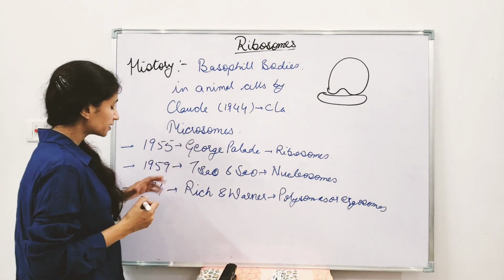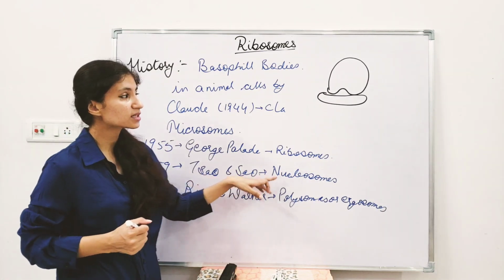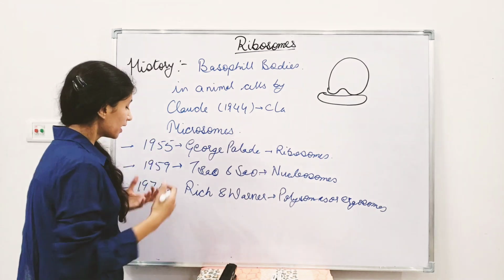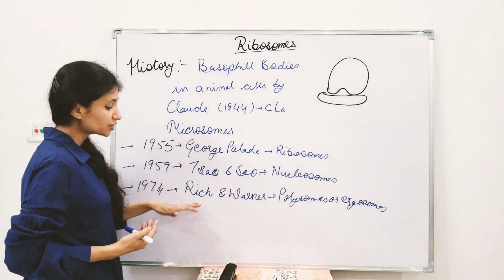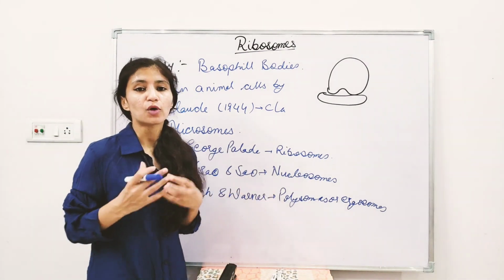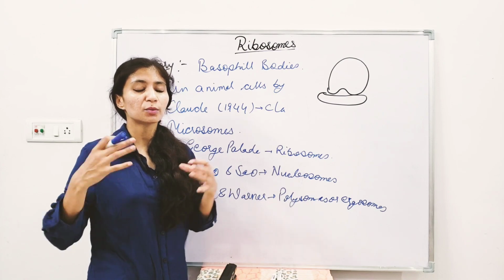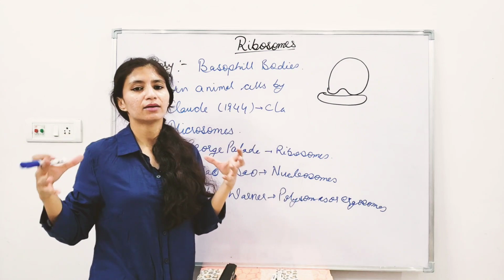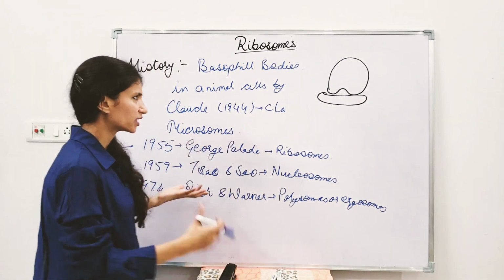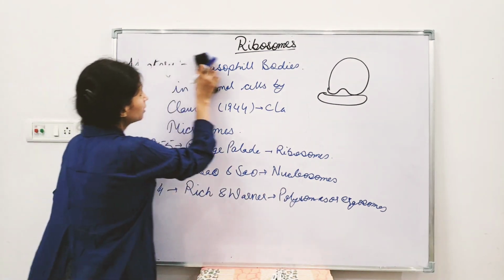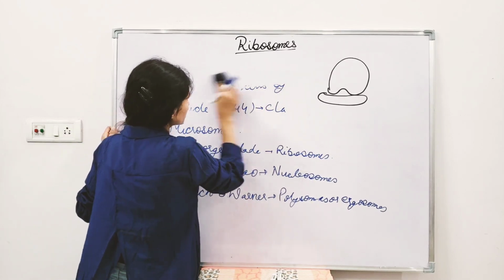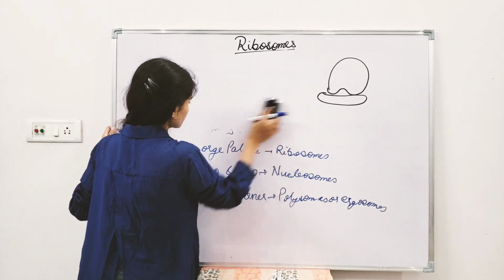In the year 1959, Tassio and Sau discovered the presence of ribosomes in the nucleosomes. And in the year 1974, Rich and Warner discovered the polysomes or ergosomes. Polysomes means many ribosomes collected together on the mRNA, which means more than 10 or 20 ribosomes.